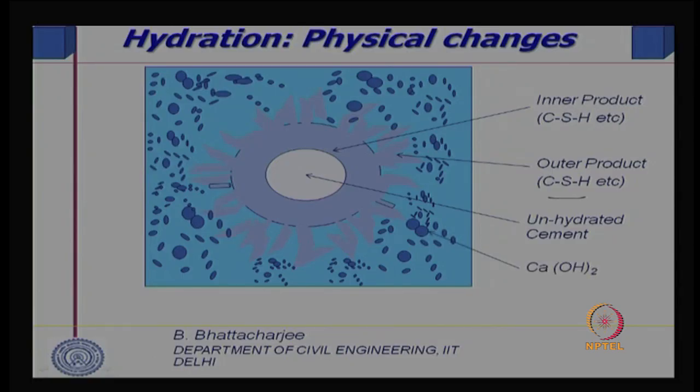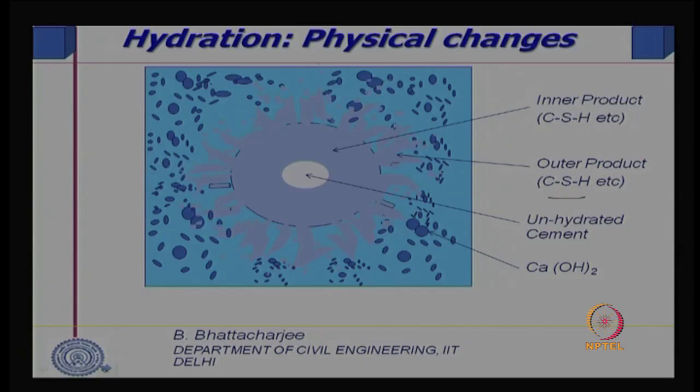These precipitates are calcium hydroxide. Calcium hydroxide precipitates because it is sparingly soluble, so it remains as a non-sealing precipitate, one that does not seal anything, whereas the outer product C-S-H will be something like this, in the periphery of the original grain boundary. So, they will extend outside, calcium hydroxide is precipitated outside, and unhydrated cement still remains inside.